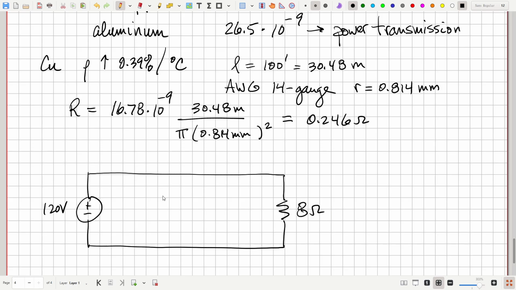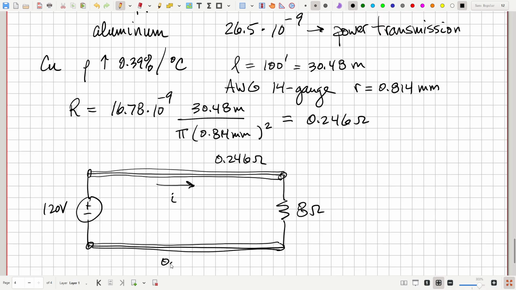Okay, and now you're going to have some current I flowing, and this piece of wire, let's emphasize that this is this extension cord. This has a resistance of 0.246 ohms, and then of course you need another piece of wire to return the current.